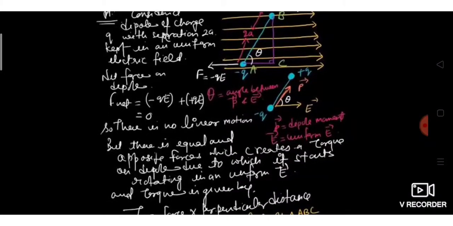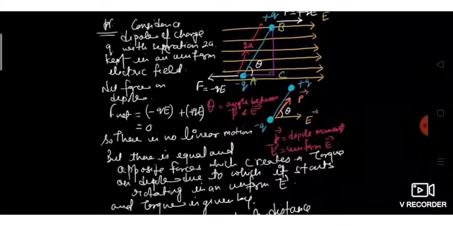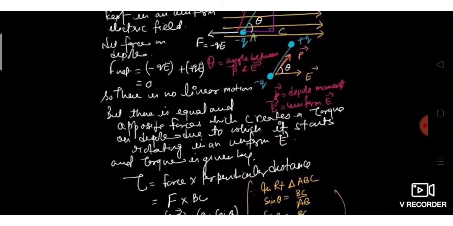Since the net force is equal to 0, there is no linear motion. It produces a torque. So the torque tau is nothing but the force into the perpendicular distance. Here, force means any one of the forces F.